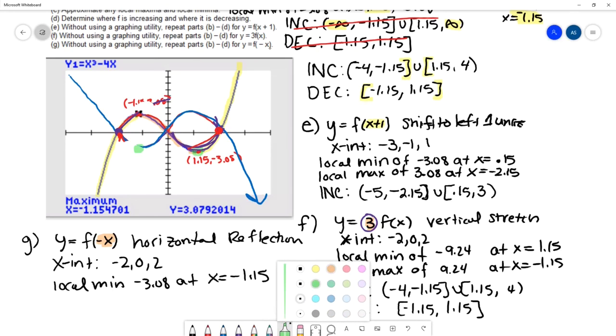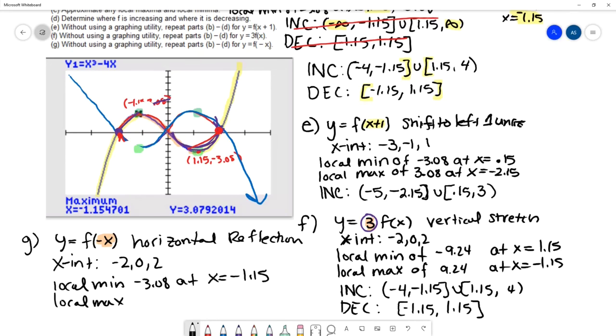And we started off having a local max right here, and the reflection mirrors it over here. So our local max will have the same y value of 3.08, but because of the reflection, it's mirrored it over to a positive 1.15.